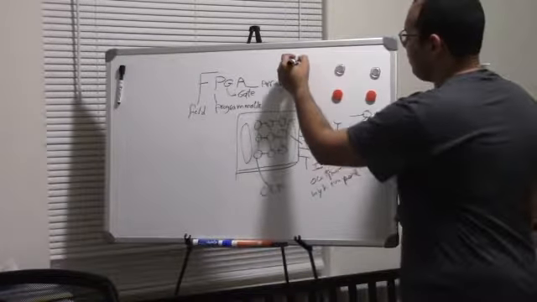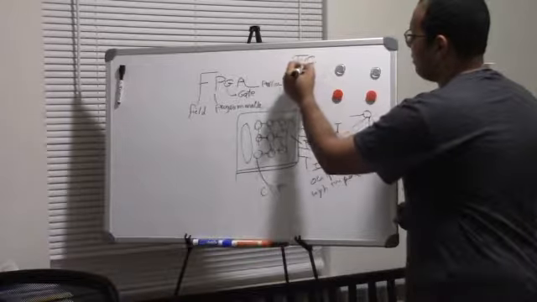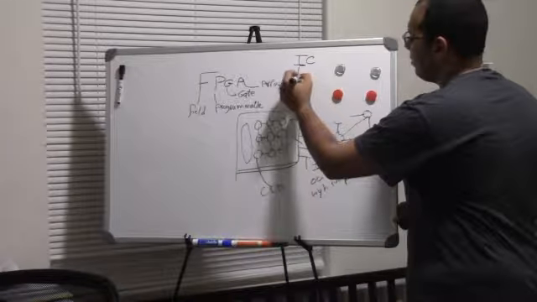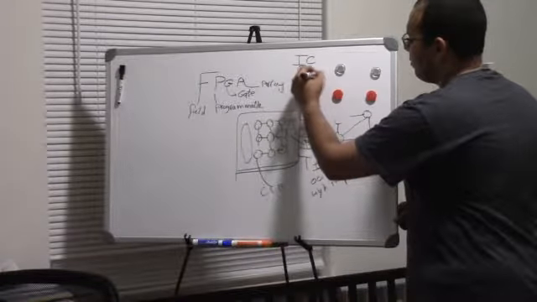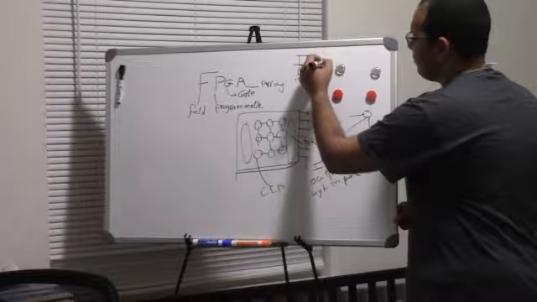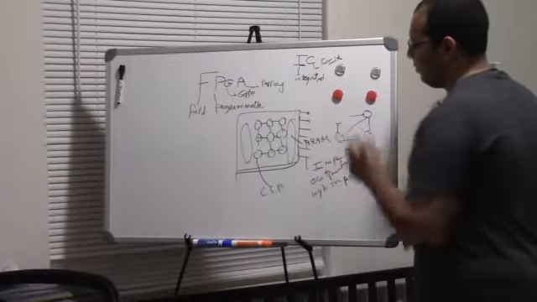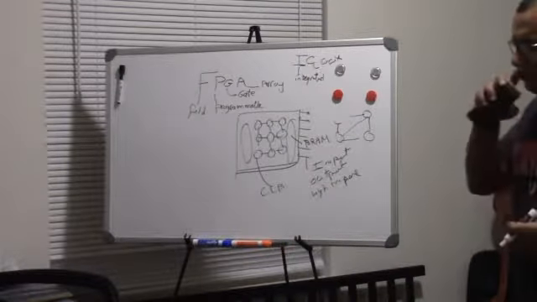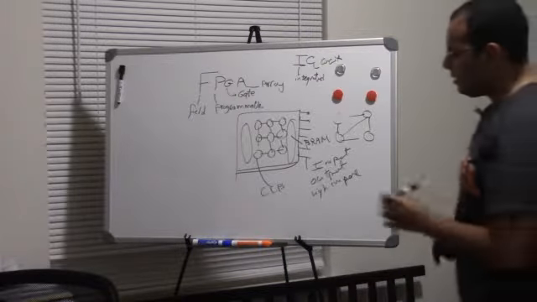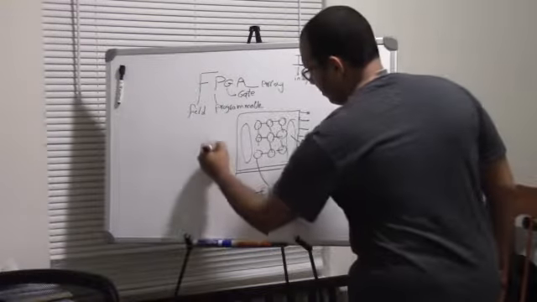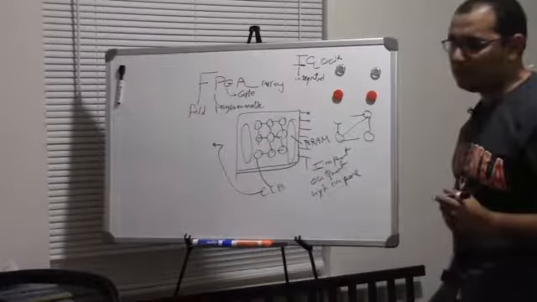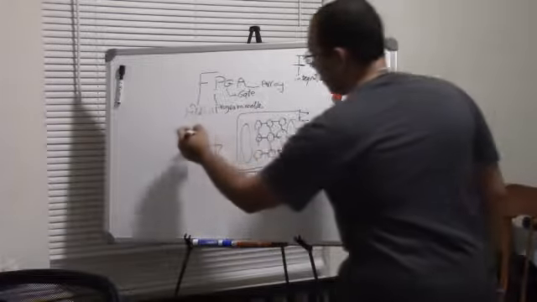And actually the traditional way stands for IC, integrated circuit. Okay, so inside each of these CLBs you will find something called a slice.